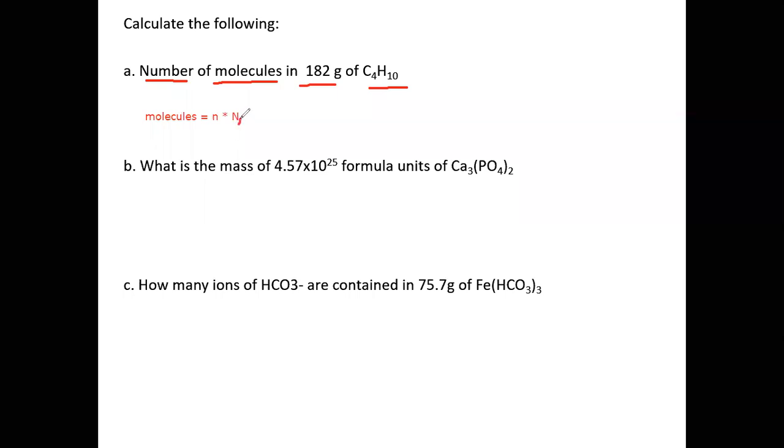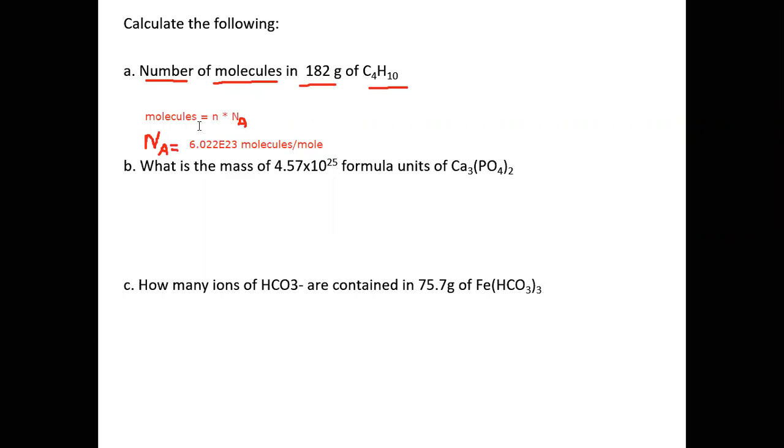So if we know the moles and we know Avogadro's number, we can solve for N. Now we know Avogadro's number, 6.022 e to the 23rd molecules per mole.